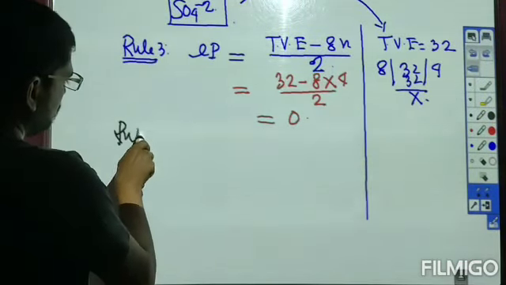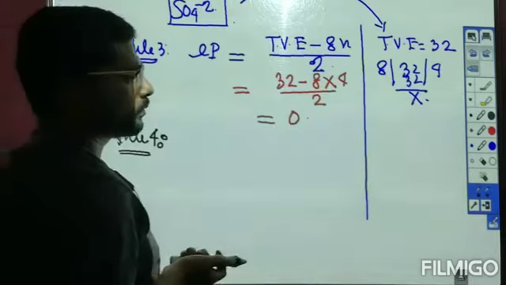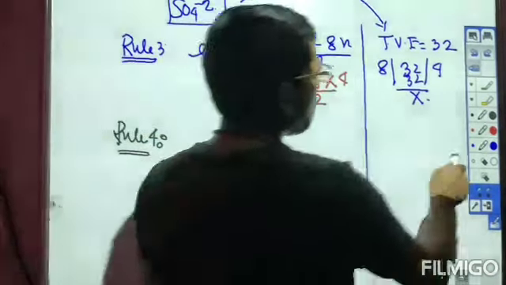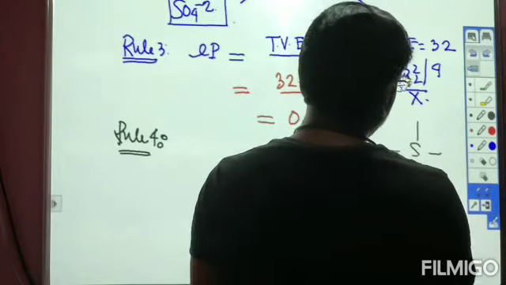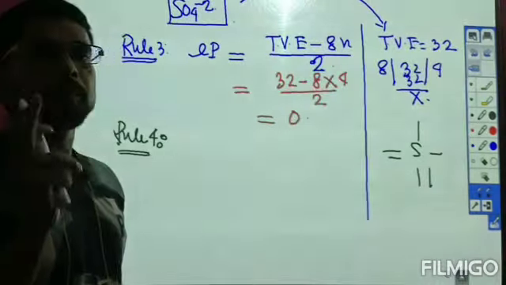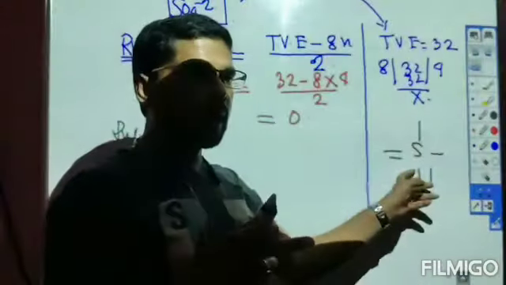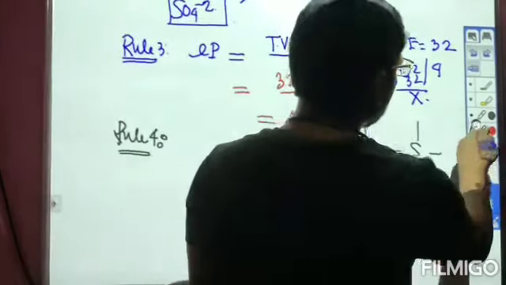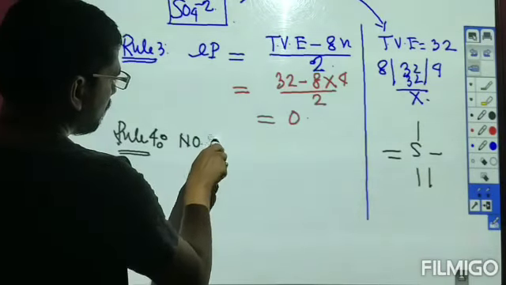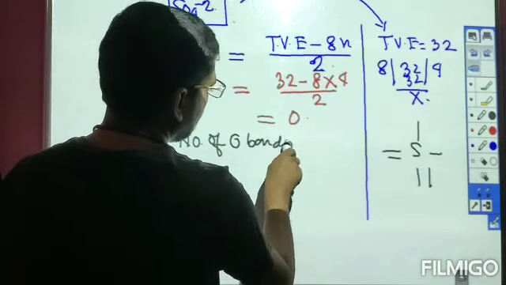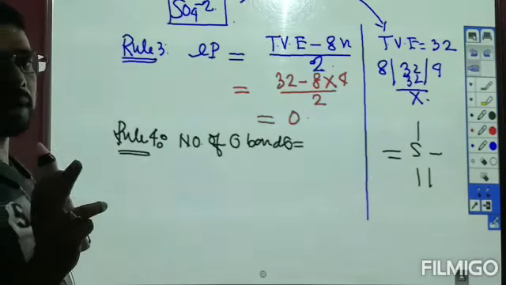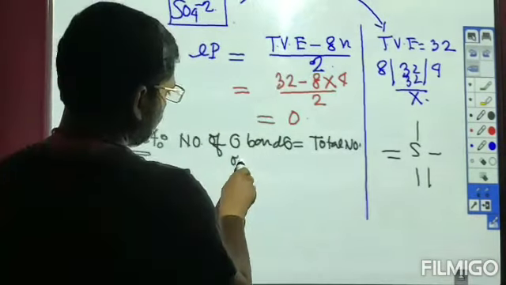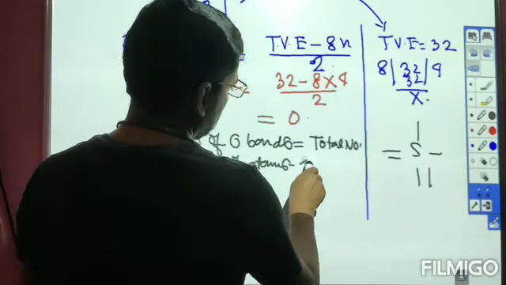Now rule 4. Whenever we draw the Lewis structure, we have to check how many sigma or pi bonds there are, and lone pairs. How do we count sigma bonds? The number of sigma bonds equals the total number of atoms minus 1.